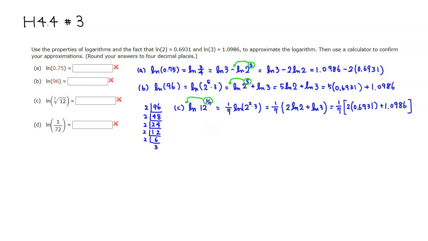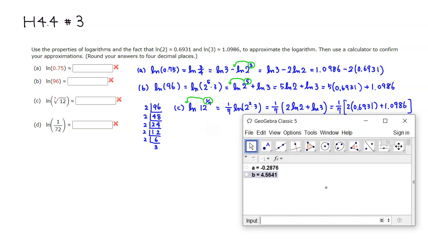All right, we have that. So let's compute that. You have 1/7, then you have 2 times 0.6931 plus 1.0986.